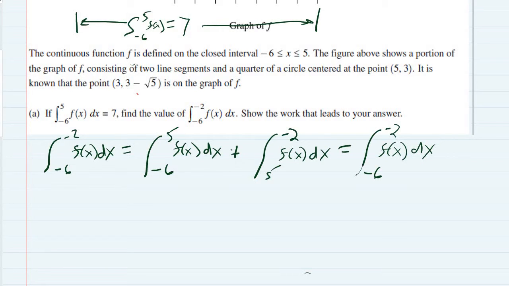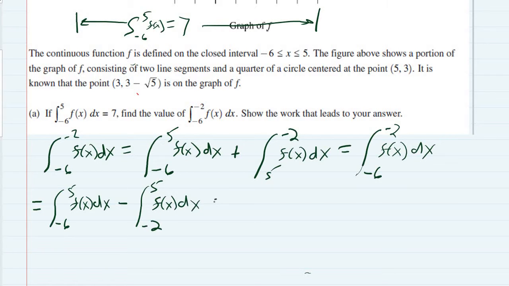Okay? Now, how does what I've just shown you, which really had nothing to do with the graph, but just used properties of integrals, jive with what we just determined graphically? Well, if we change this plus to a minus, basically what we're saying is the integral from -6 to 5 of f of x dx, which again they told us is 7, minus, and I can flip the order of these limits of integration to go from -2 to 5 of f of x dx.